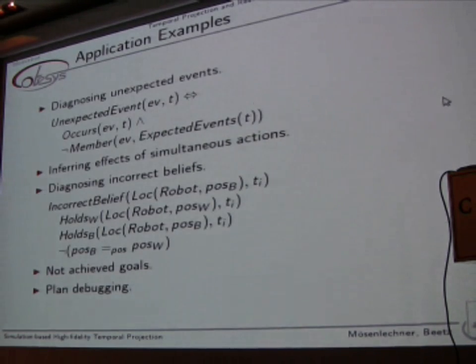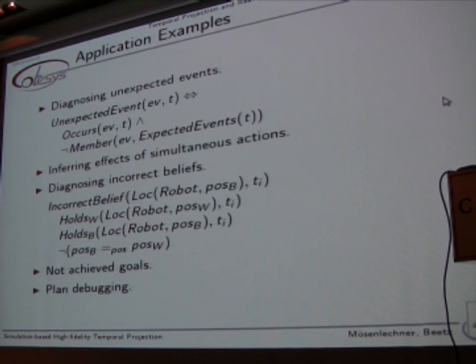So now we can use this, of course. We can use this for diagnosing unexpected events, for instance. Because we define what events are expected for the lowest level of task execution, we know at every time point which events are expected at this time point. So we can infer unexpected events, basically all events that are not in this list.